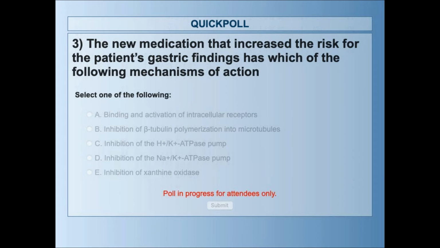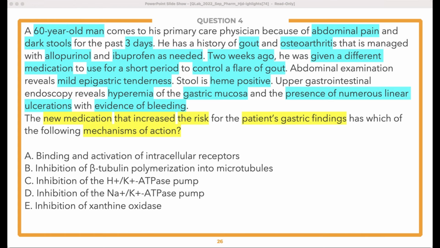About 2/3 of you have voted so far. I'll give you a few more seconds. Go ahead and make that selection before I close the poll in 3, 2, 1. Okay, the poll is closed. Let's share those results.